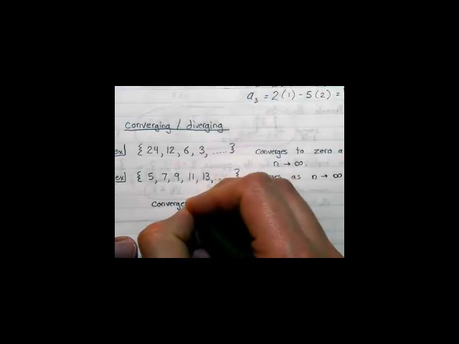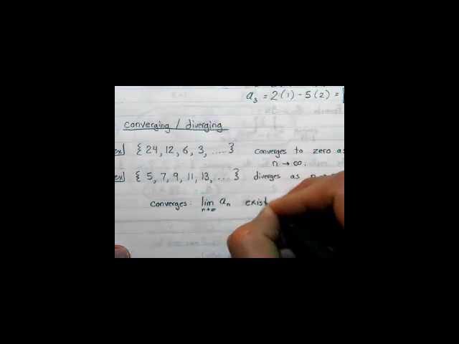So something that converges, we would say that the limit as n approaches infinity of a sub n, so this would be the explicit formula, exists. And they diverge, does not exist.